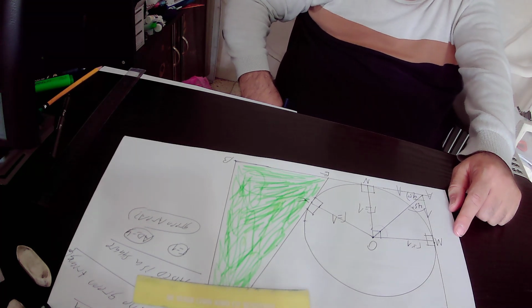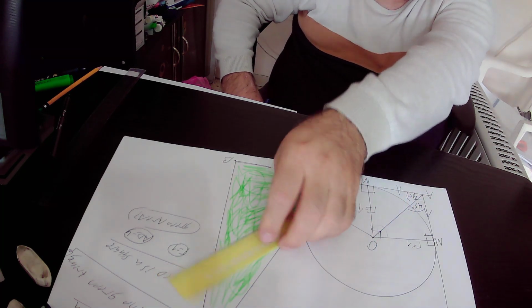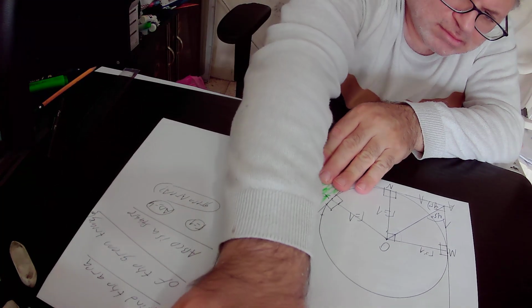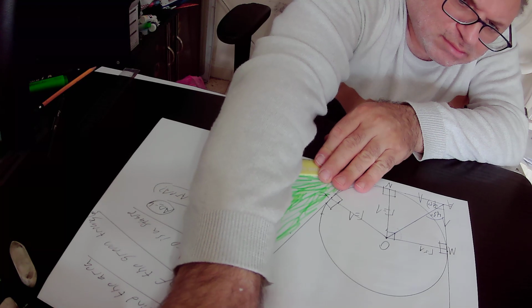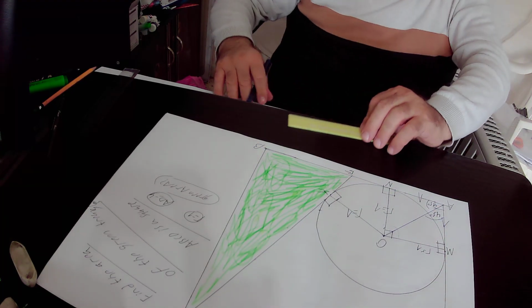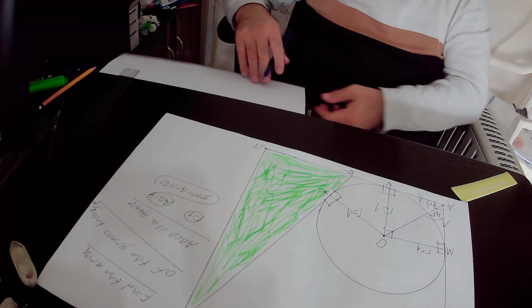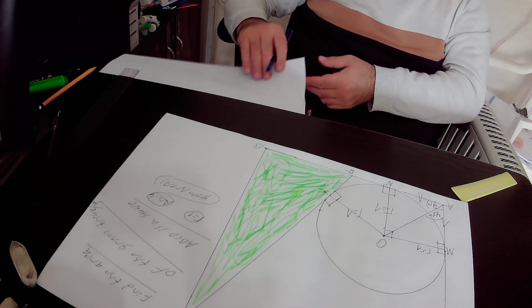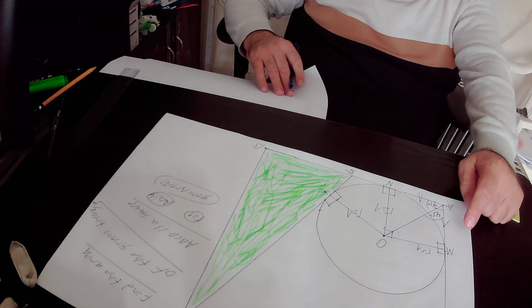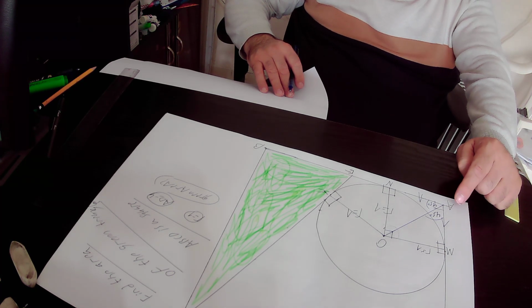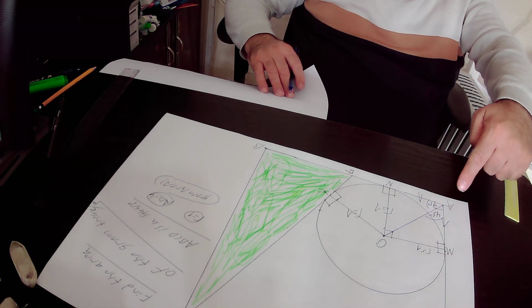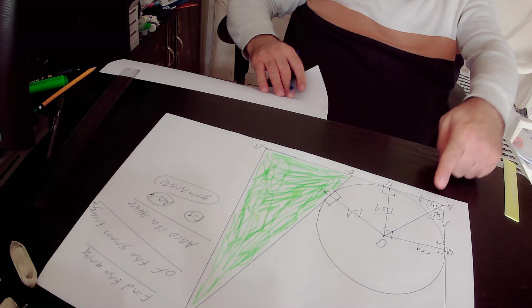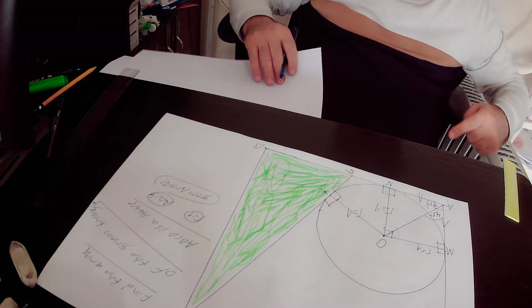So we can write down that according to rule number 6, angle OAN, or also angle OAB, it is the same.